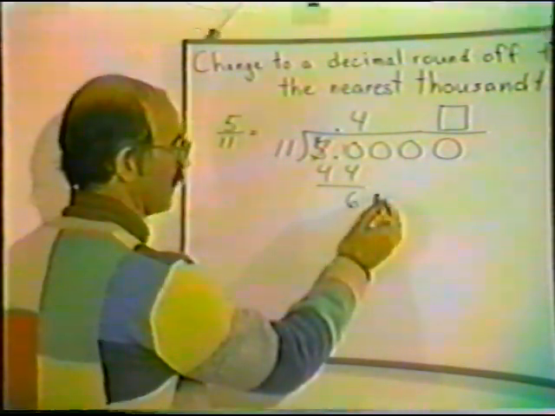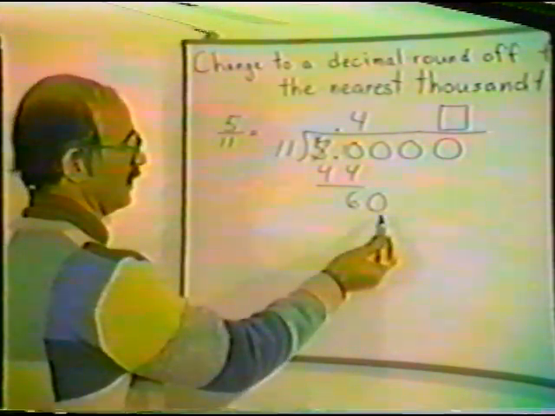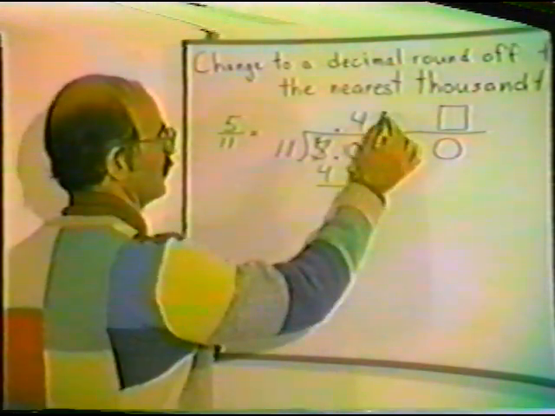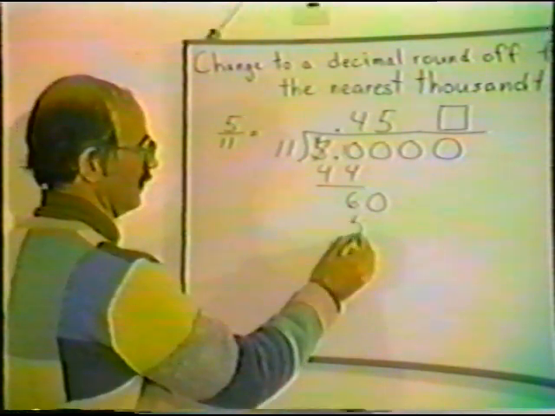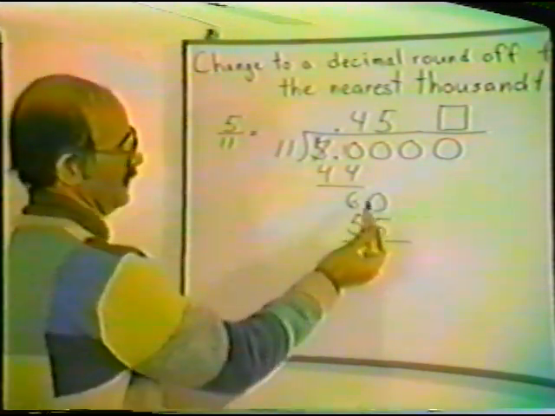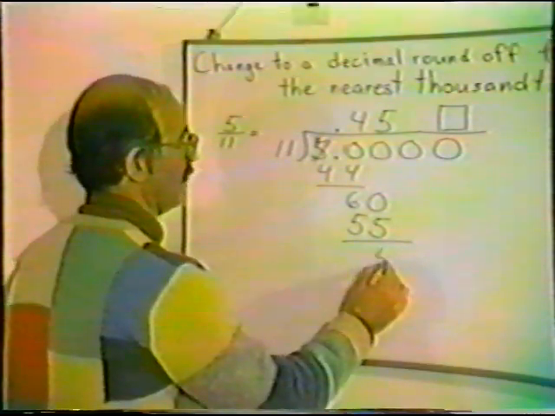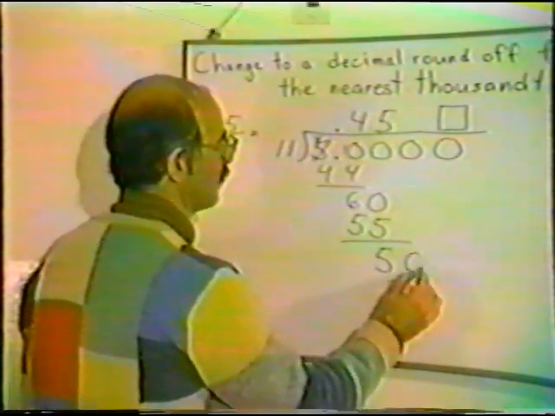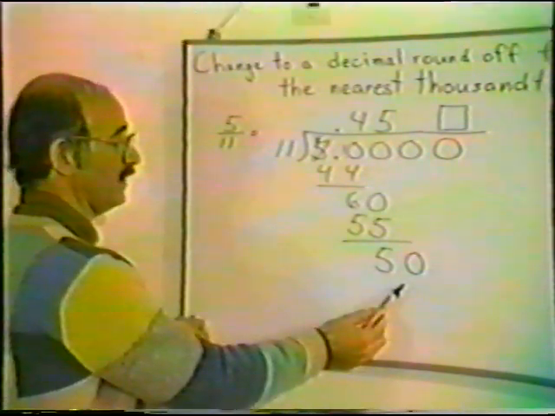We have to bring down the 0. 11 into 60. 5. And 5 times 11 is 55. What is 60 take away 55? 5. And we bring down the 0, and we're about to do 11 into 50.